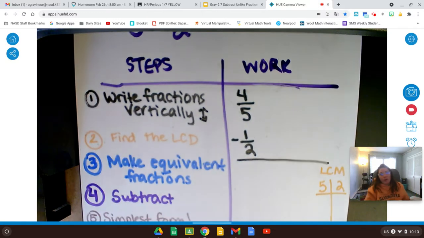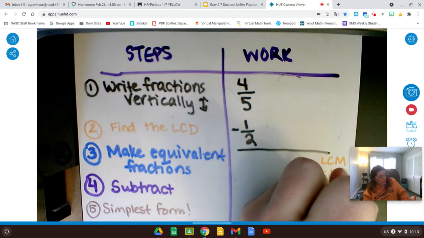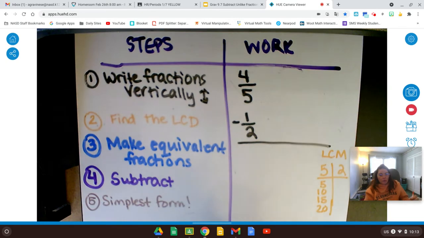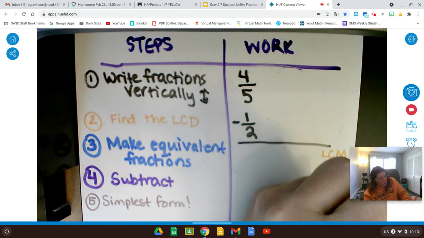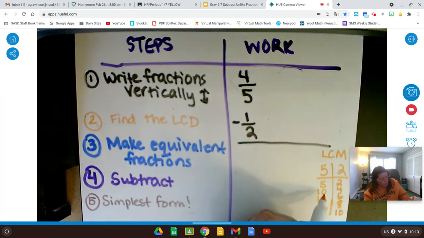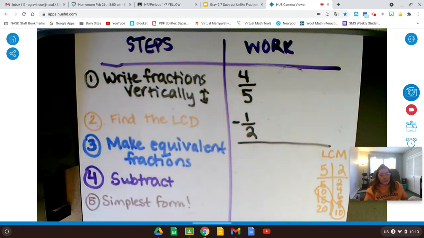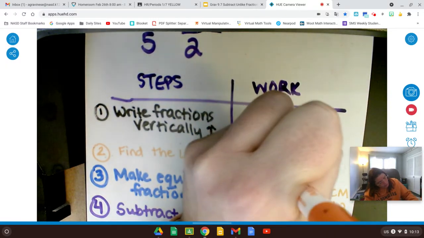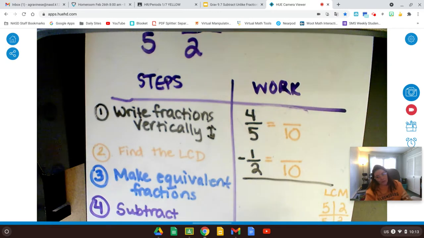Count by 2s, count by 5s until you get something in common. 5, 10, 15, 20. Let's do some 2s. 2, 4, 6, 8, 10. Oh, there we go. 10 is a common multiple.